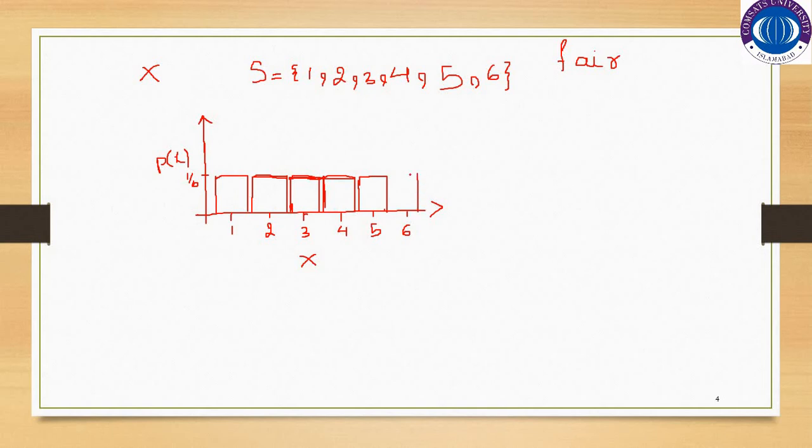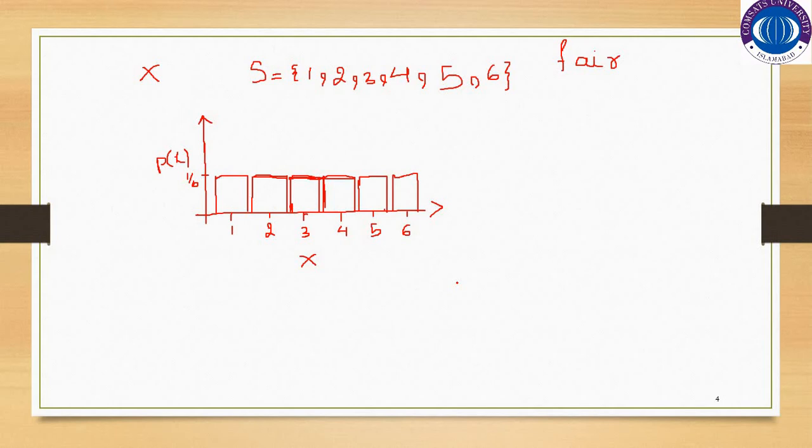These are all possible outcomes of the random variable x, and this is the graph for the probability mass function of rolling a fair die. As you can see, the height of each bar is the same.